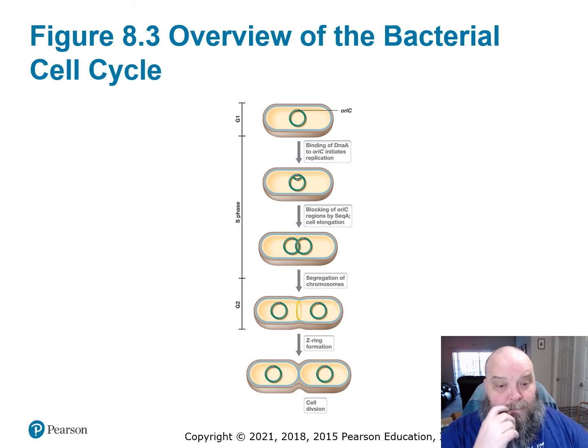So when you look at it, a lot of times people who have a background in eukaryotic cell biology want to relate things to what they know. Oh, I know mitosis. G1, S, G2.